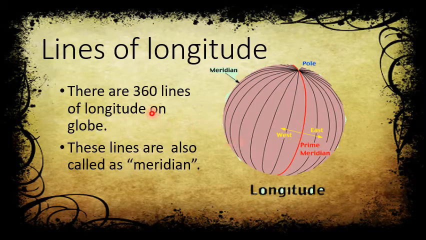There are 360 lines, and we call them lines of longitude, plus they are also called meridians. So they are traveling from north to south and south to north. In simple words, we can say that the lines of longitude travel vertically and there are 360 lines.